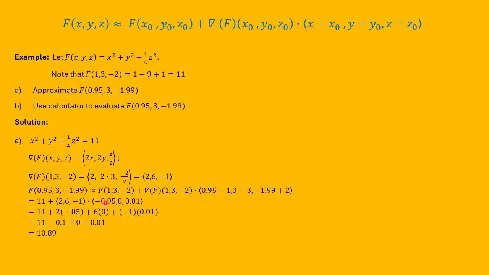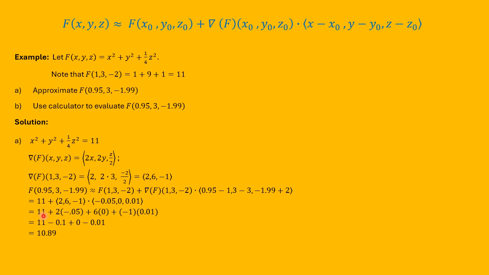And so what we have then is 11, which is this number right here, plus this vector, which was the gradient of f at 1, 3, minus 2, dotted with this vector, which is minus 0.05, 0, and 0.01. So we get the 11, and then we get 2 times minus 0.05, plus 6 times 0, plus minus 1 times 0.01. And that's what we have right here.